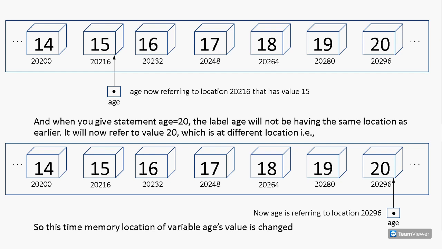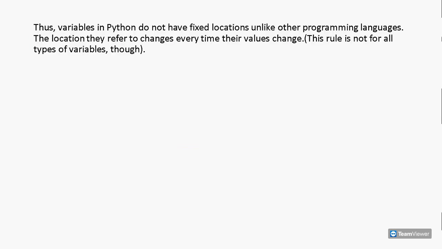And when you give the statement age = 20, the label age will not have the same location as earlier. It will now refer to the value 20 which is at a different location. That is, now age will refer to location 20296 which has a value of 20 in it. So this time the memory location of variable age's value is changed.